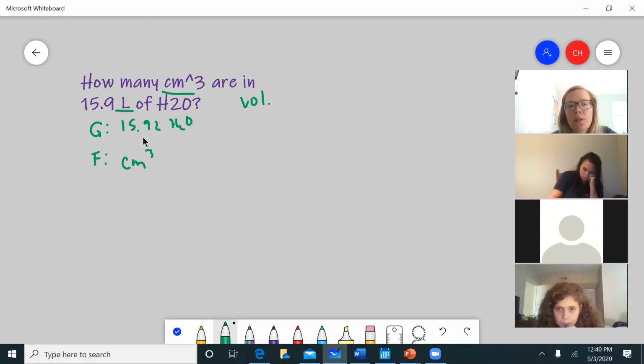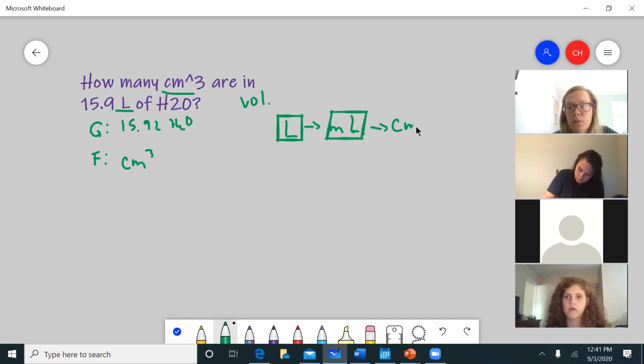There isn't really a direct relationship between liters and centimeters cubed, but I can go from liters to milliliters, and then from milliliters, we can go to centimeters cubed.